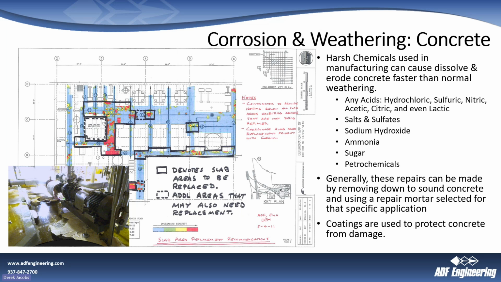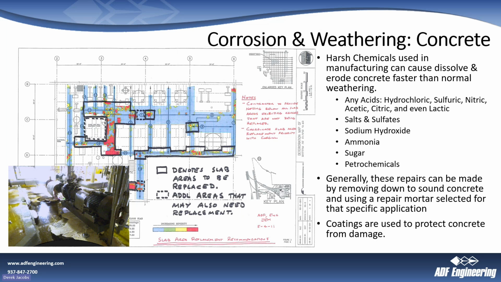So a lot of what I think you guys will also see at your sites is what we'll call corrosion, weathering, or erosion from harsh chemical use in the manufacturing process. These can dissolve and erode concrete faster than normal weathering. These include any kind of acids, a lot of common ones: hydrochloric, sulfuric, nitric, even citric and lactic acid will do it.